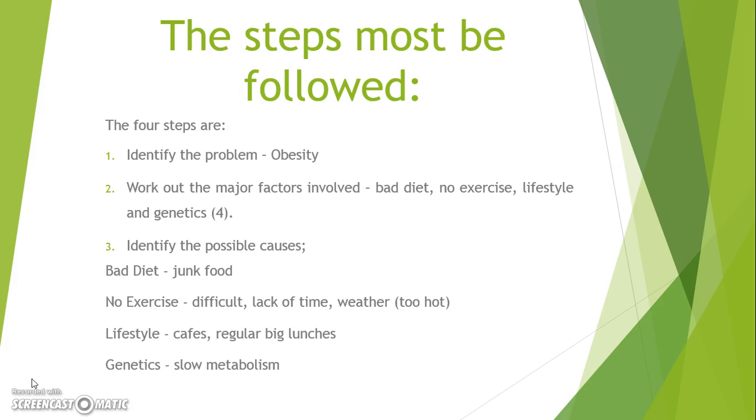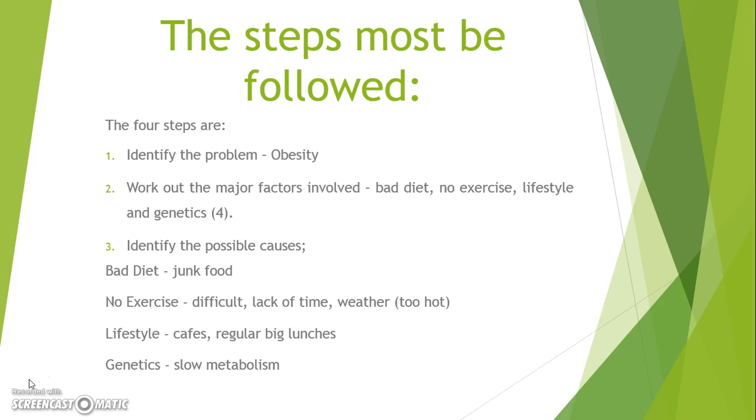The second step is to work out the major factors involved. What causes obesity? 4 major factors were determined: bad diet, no exercise, lifestyle, and genetics. The third step is to identify the possible causes.